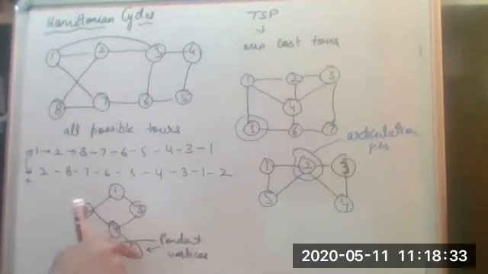And in this case, again, you cannot have a cycle. Fine. So now let's start with a smaller graph and find the Hamiltonian cycle.